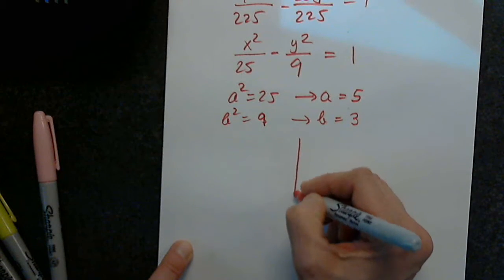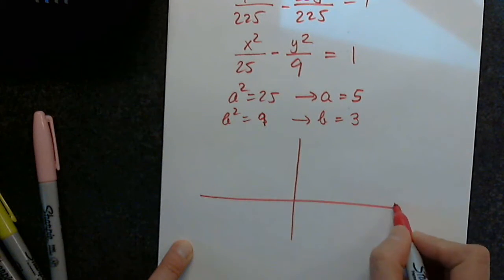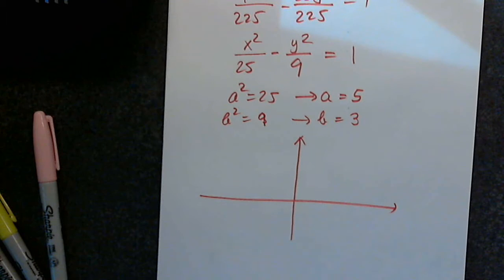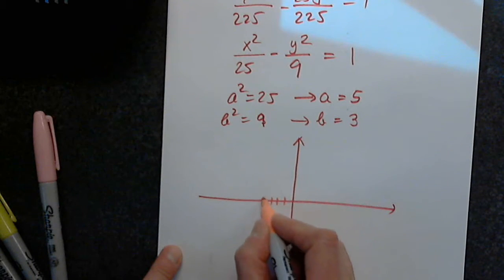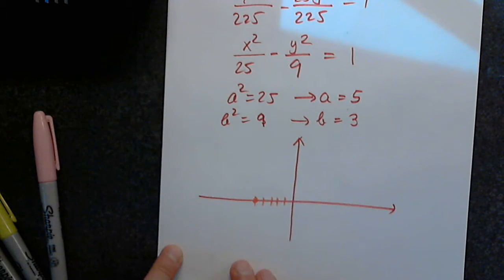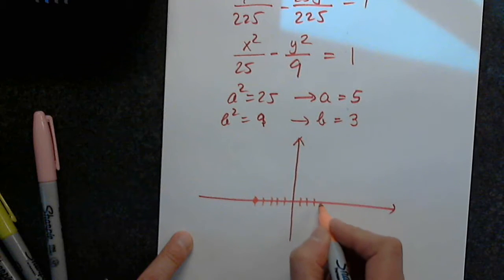Here's how I graph the hyperbola. First, I have to graph a center box. Here's how. A is on the x-axis, so I have 5 to the left, 5 to the right.